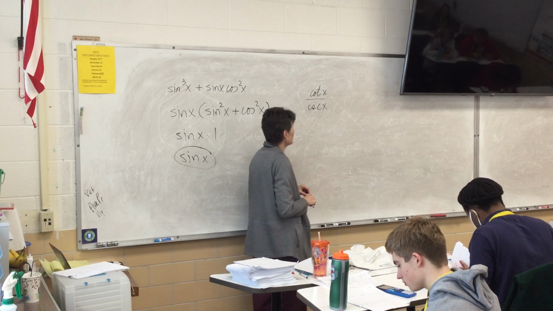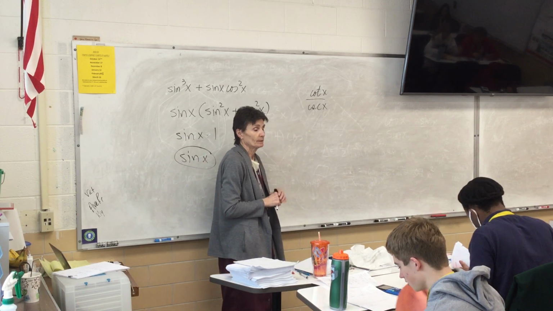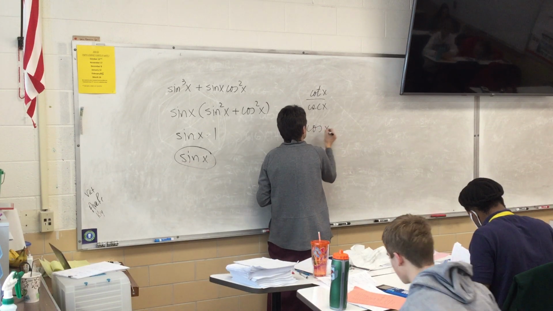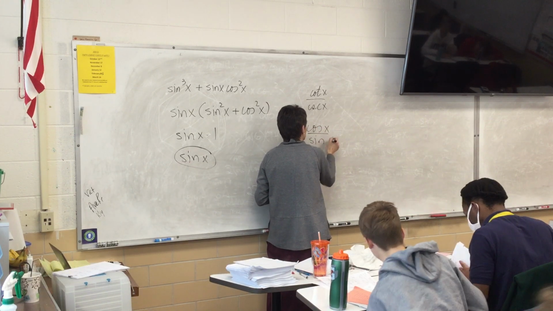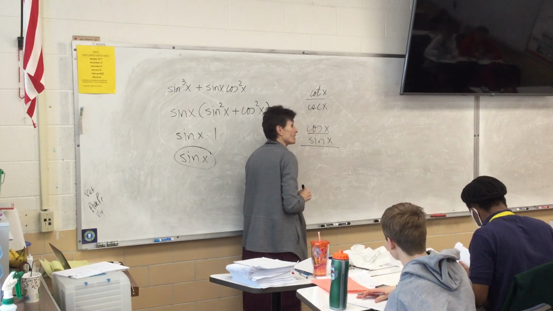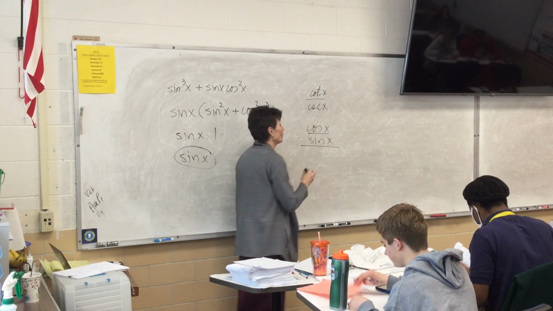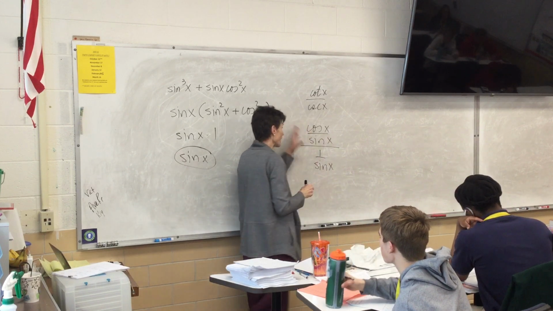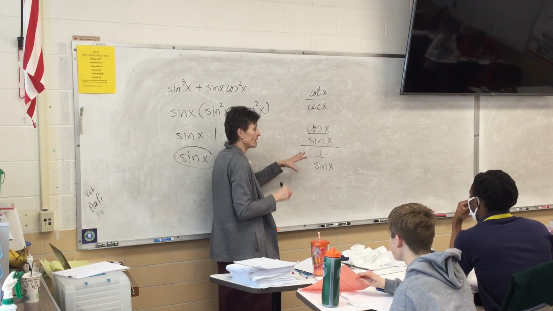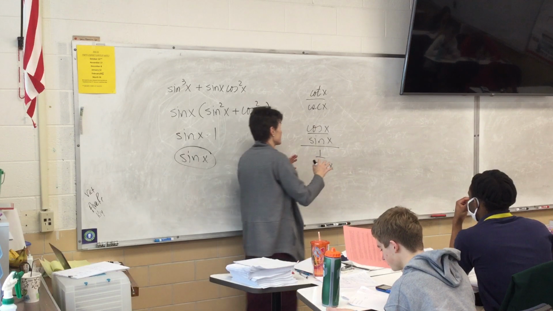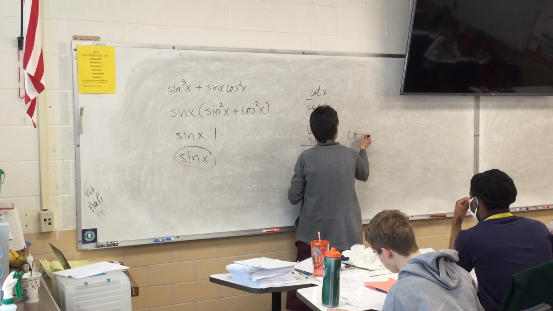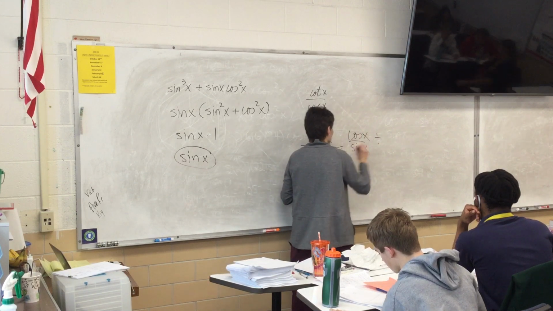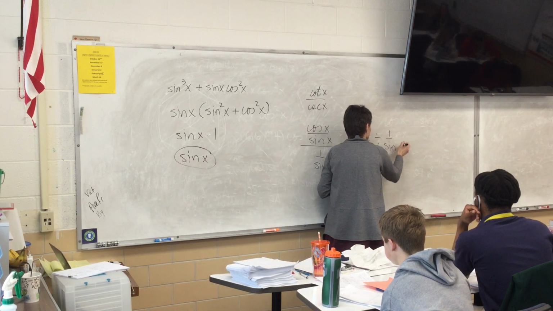All right. So cotangent. What's cotangent? Cosine over sine. And what's cosecant? 1 over sine. Now this is kind of a big ugly fraction, but think about it for what it is. It's cosine over sine divided by 1 over sine.